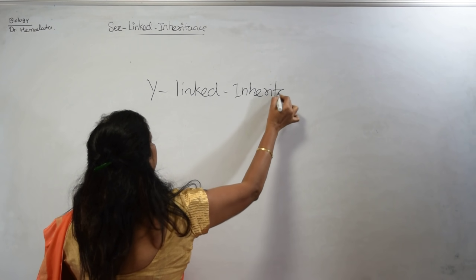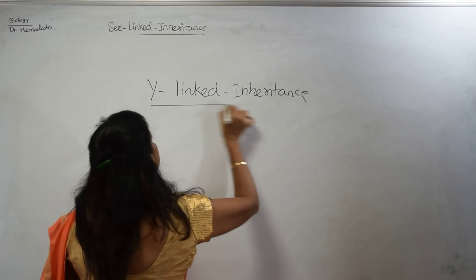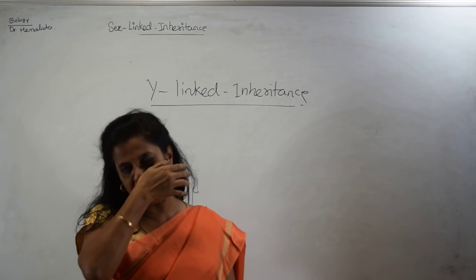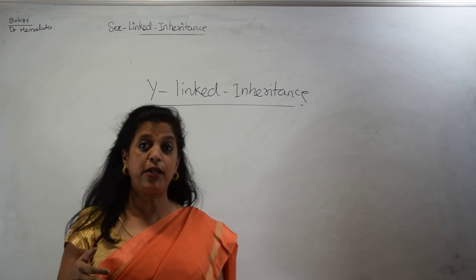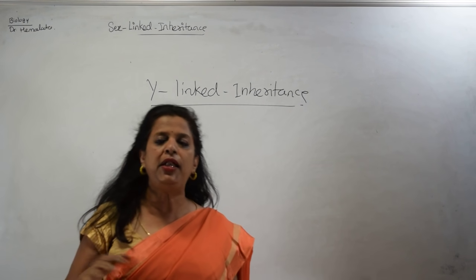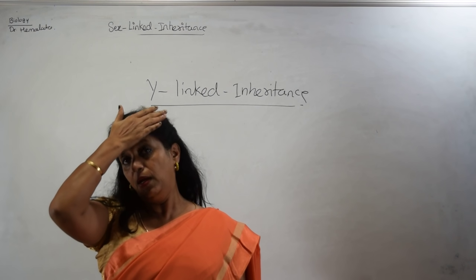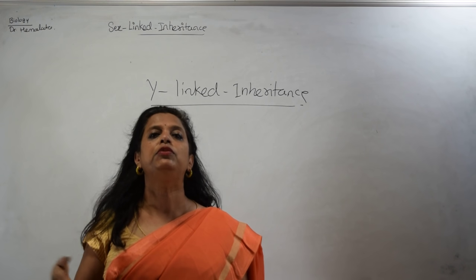As I told you, the Y chromosome will not contain exactly the genes that are located on X. Its same alleles are not there on the Y, but there is a small portion which is matching, and it will individually have some genes.